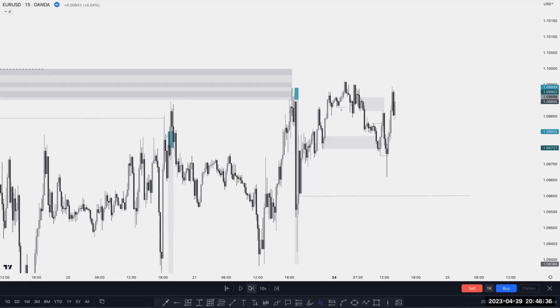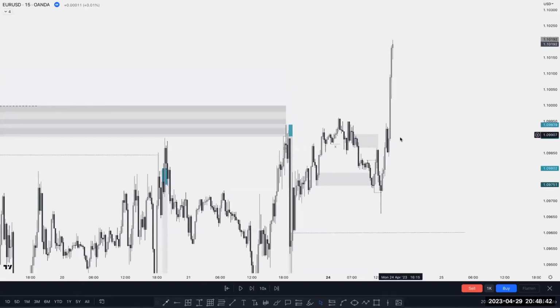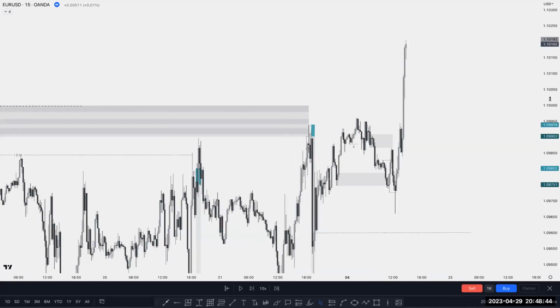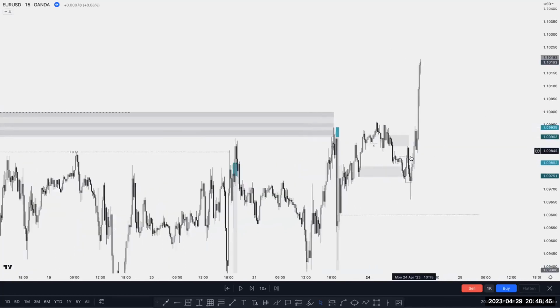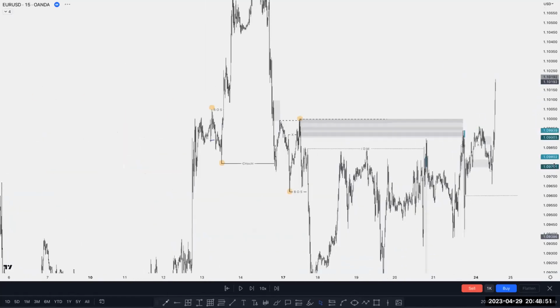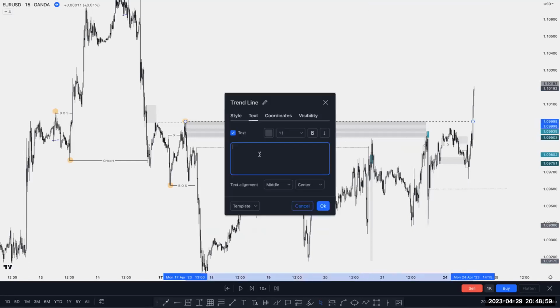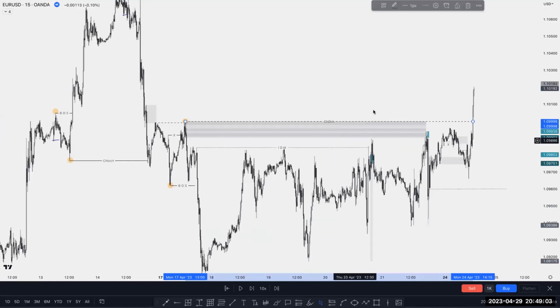Okay, there is still no entry confirmation here for the buy. Let's see. And one more thing you need to understand here, market structure is broken here, right? So this becomes our chalk, because market momentum shifted from bearish to bullish again, right?